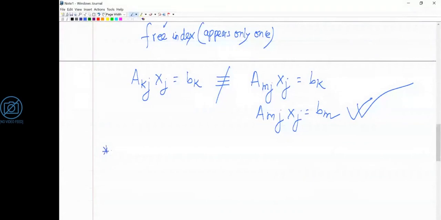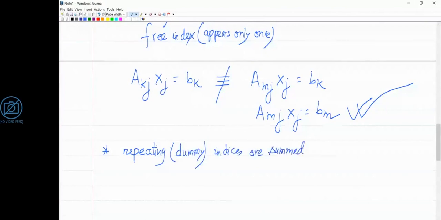So as I told you, first is repeating indices, which are also dummy indices, are summed, and an index may appear only once or twice.